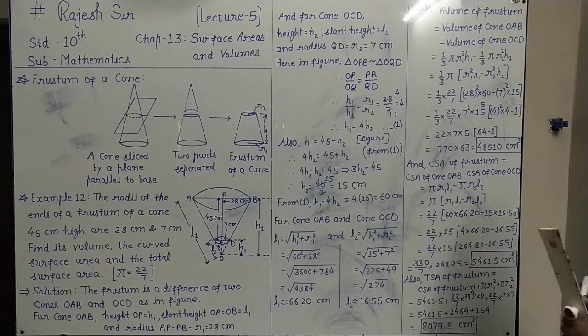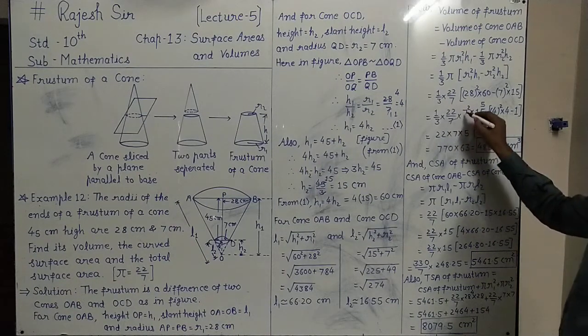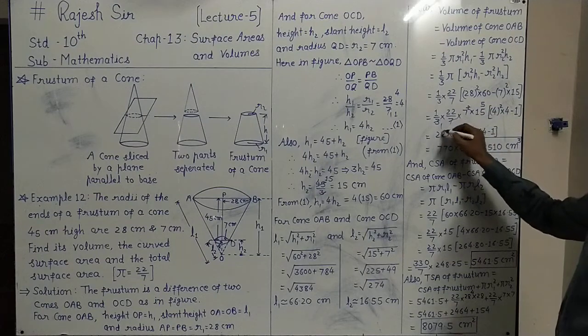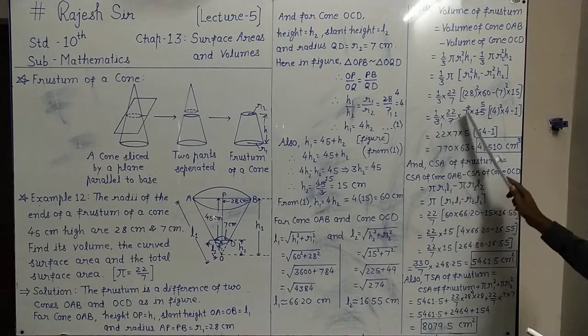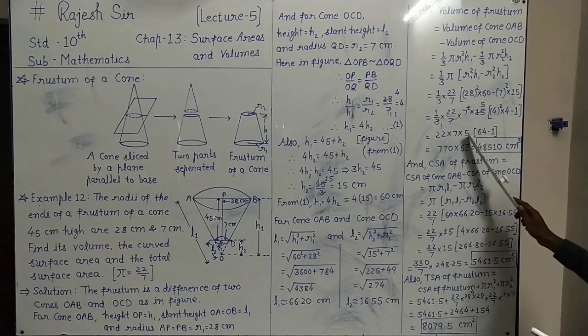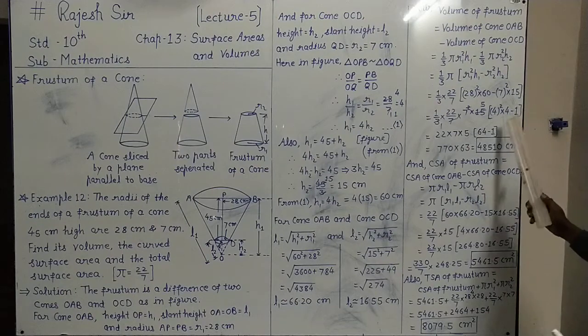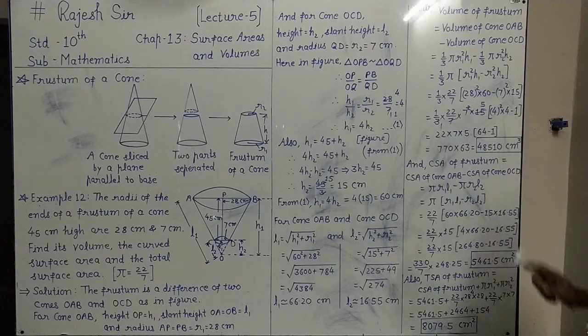Now simplification is done here. 7 can be cancelled this way, and 3 ones are 3, 3 fives are 15. So what is remaining here is 22, and 1 seven and 1 five in the bracket: 4 fours are 16, 16 fours are 64, minus 1 remaining.